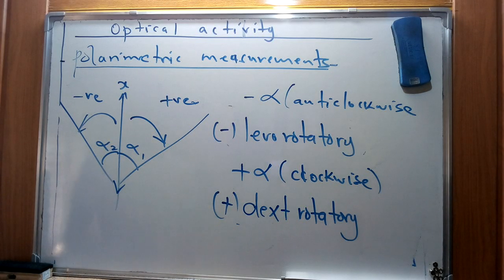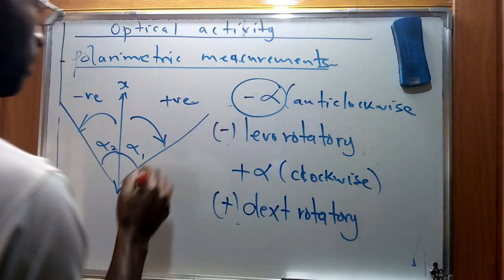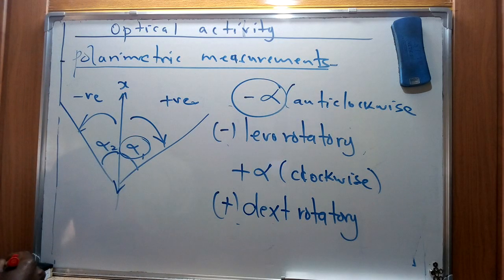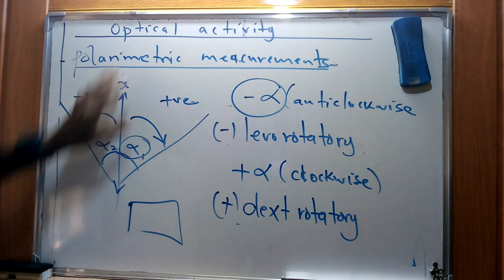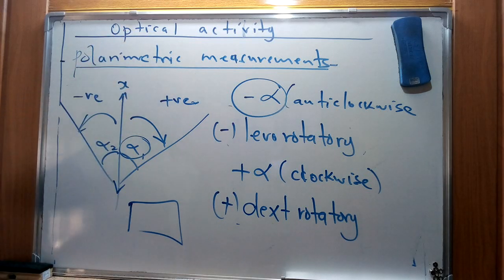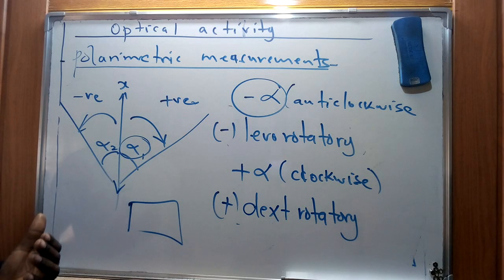From there, we're going to have an example whereby we quantify the angle of rotation, and perhaps that is going to help us see different behaviors, like the concentration of a specific enantiomer and how it behaves with the extent of rotation, and perhaps temperature and the length of the sample holder, etc. So catch us in our next video as we look at another aspect of optical activity, the concept of specific rotation.